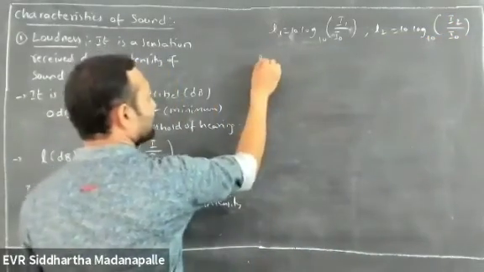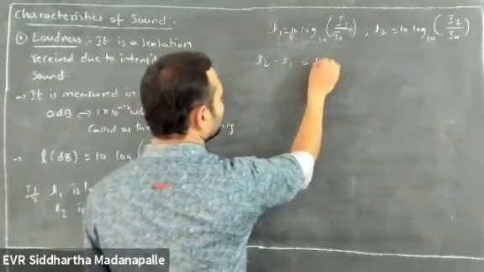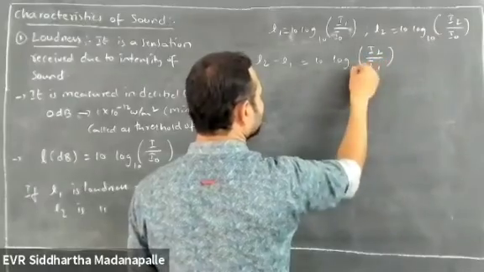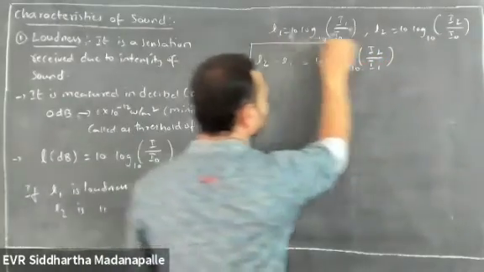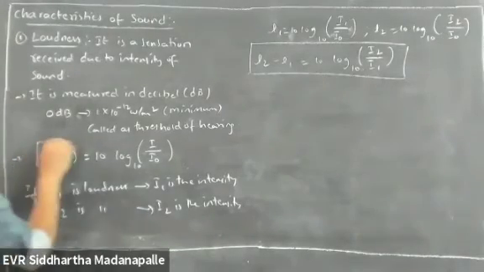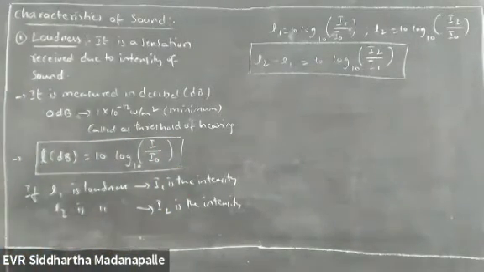On subtracting, L2 minus L1, the difference in loudness, is equal to 10 log of I2 by I1 base 10. So these are the basic formulas to calculate loudness in decibels.